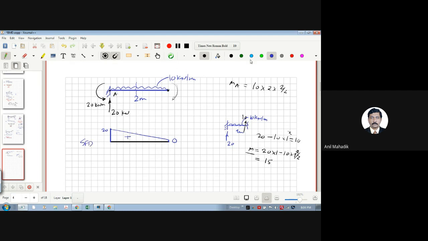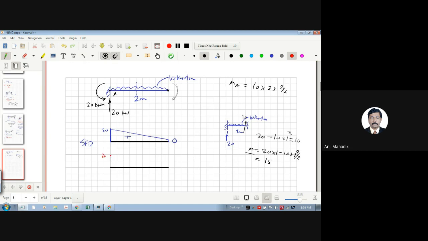Now let's draw the BMD. What is the moment at this point? Anti-clockwise 20. As I said, even though anti-clockwise means the value will be negative, I am still drawing it on the top, on the tension side.